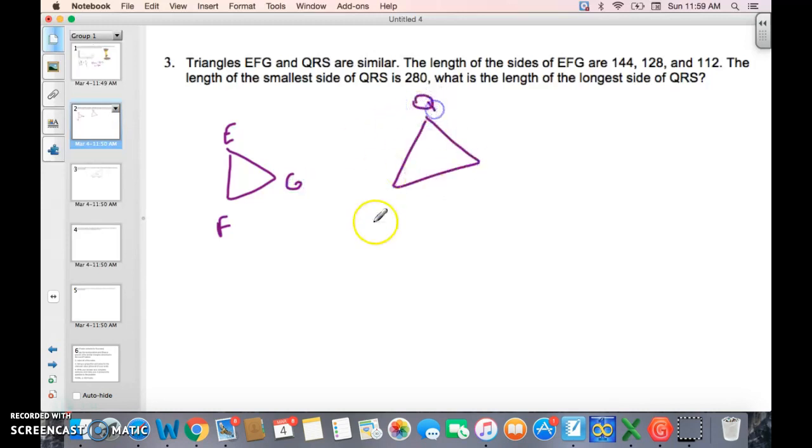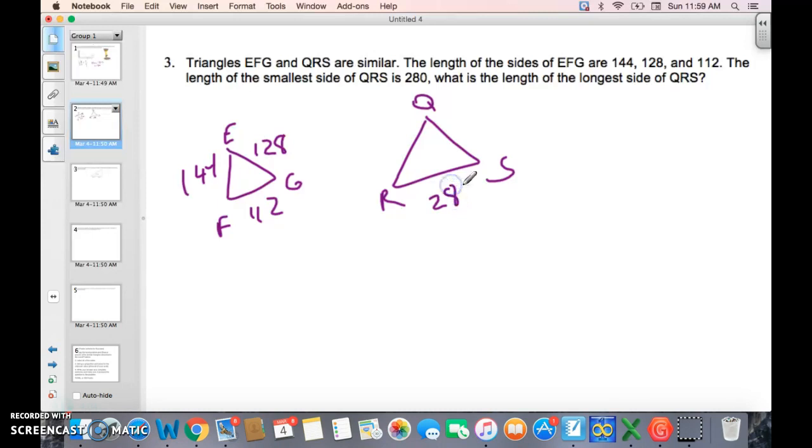Remember Q and R and S. So the lengths of the sides of EFG are, I'm just going to write them in, 144, 128, and 112. So this is the smallest side here, and the smallest side of QRS is 280.